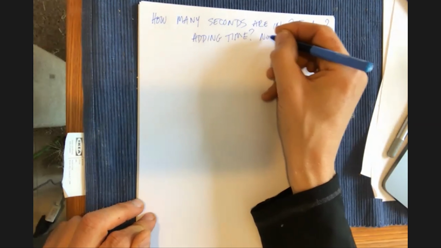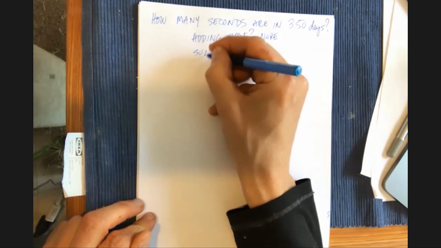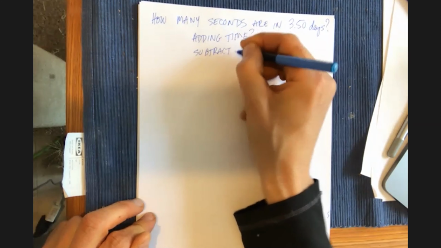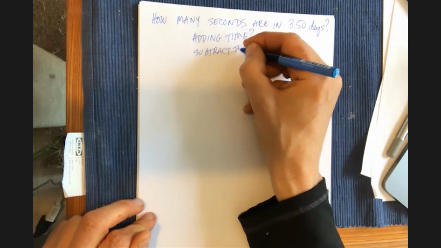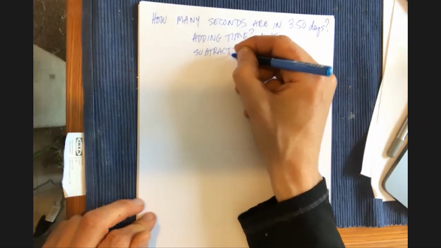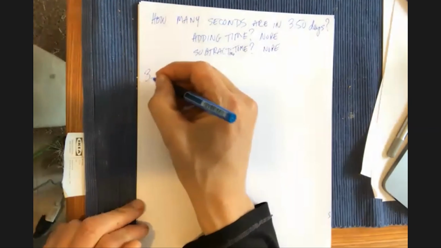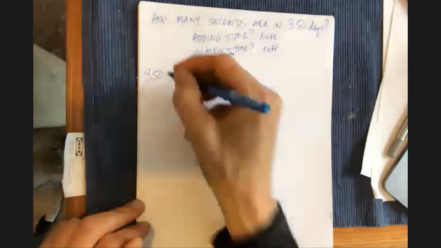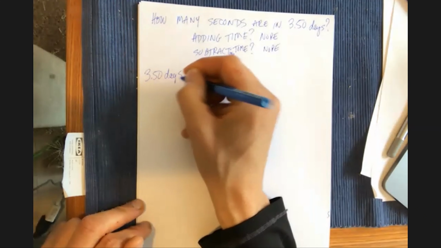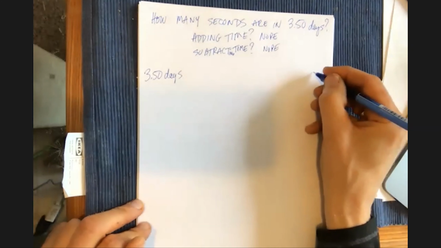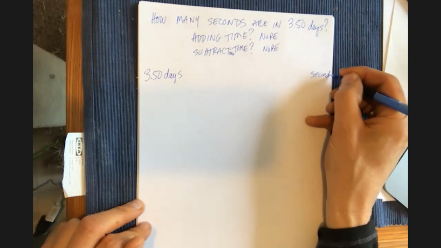Nope. Subtracting time? Nope. So I'm going to start off with the thing that I'm given over here, 3.50 days. And I'm going to stick it over here. I better end up with seconds over here.